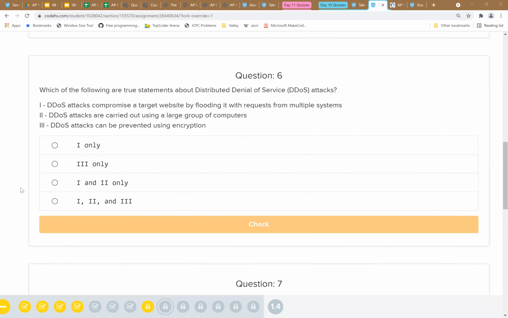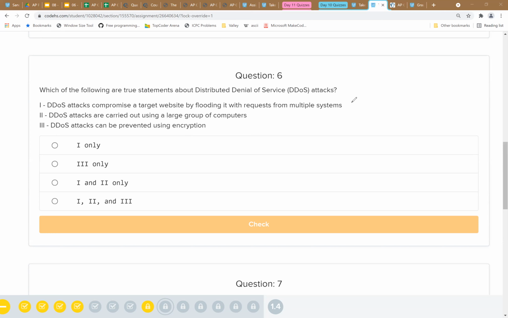Which of the following are true statements about distributed denial of service attacks? DDoS attacks compromise a target website by flooding it with requests from multiple systems. They are carried out by a large group of computers. They can be prevented using encryption. Well, let's one by one go through these. Does a DDoS attack compromise a target website by flooding it with requests?